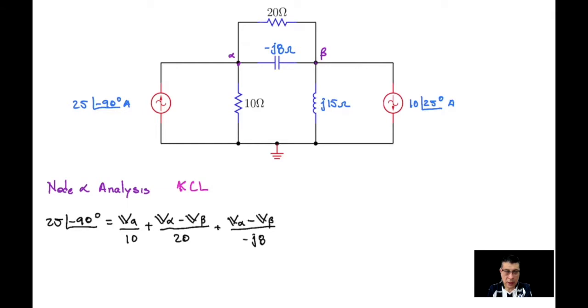We're going to analyze now the beta node, assuming that it is the one that has the biggest voltage and all the currents are going to go away from that node.